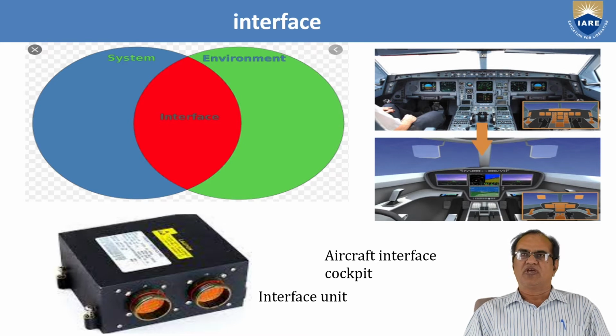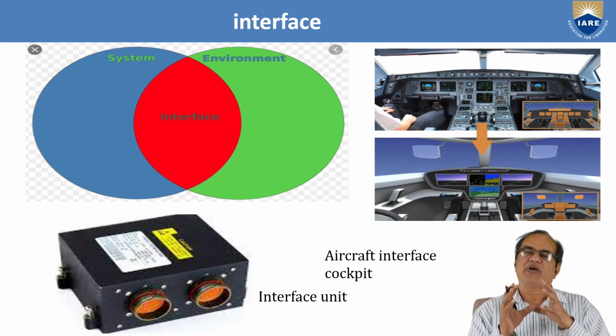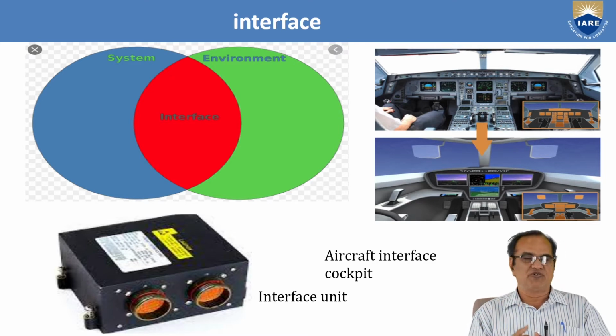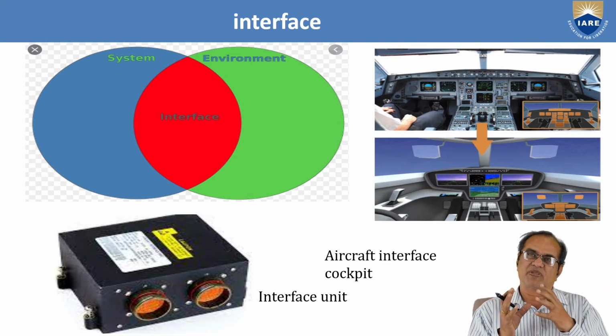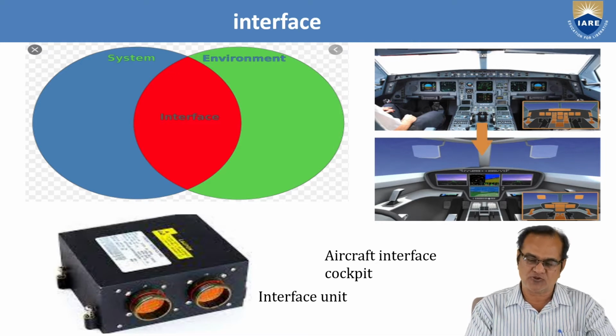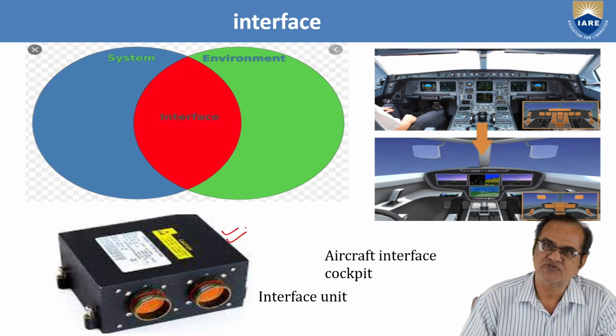You might have seen that in my previous class I discussed interfacing between the system and the environment. Your system and your environment should be interfaced by some interface unit. In aircraft, between the engine and the pilot, there should be some mechanism. That mechanism is called the interface unit. Here I have shown the interface unit.